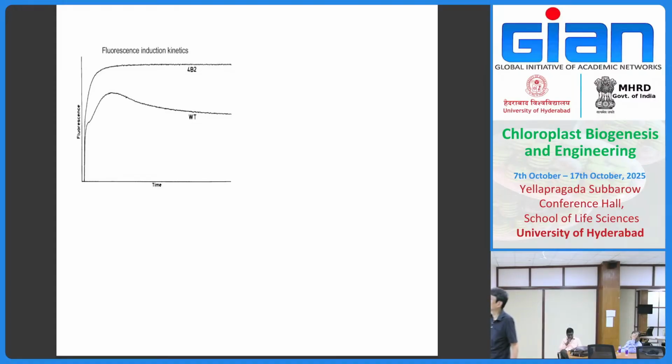It goes higher and doesn't decline. So this indicates that PS1 activity in this mutant is absent. This is as expected because psaC encodes the iron-sulfur protein of photosystem 1. This is essential for PS1. So this is as expected, but we can confirm easily by measuring fluorescence induction, the phenotype.